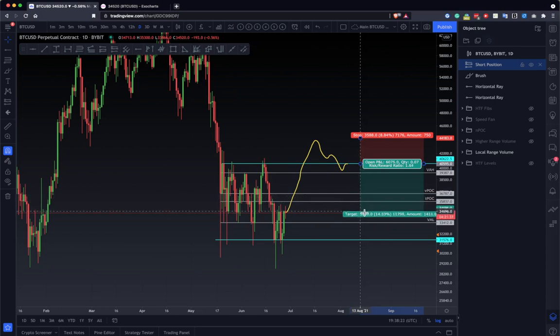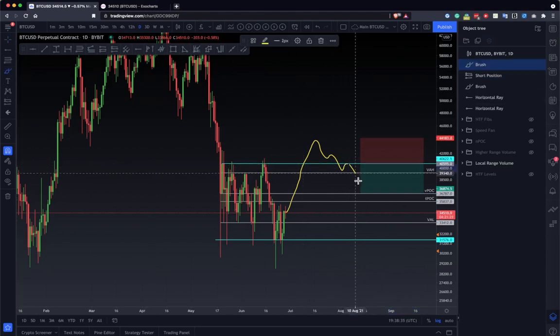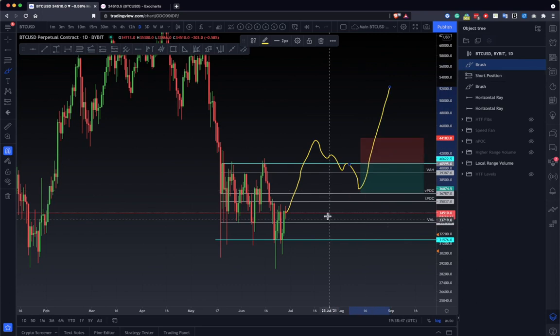Then you can take the rest down to value area low or even lower, but you have to take this first take profit, otherwise it might come back down and then boom, go to the 50k, 52k region before it does another big short squeeze, so you have to be very careful.